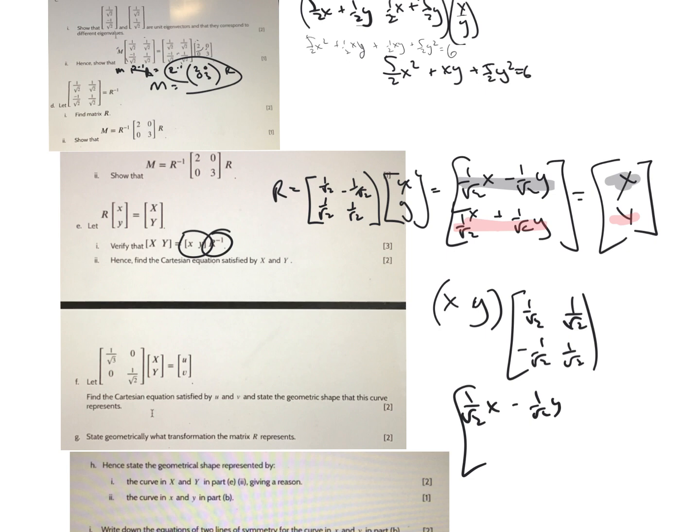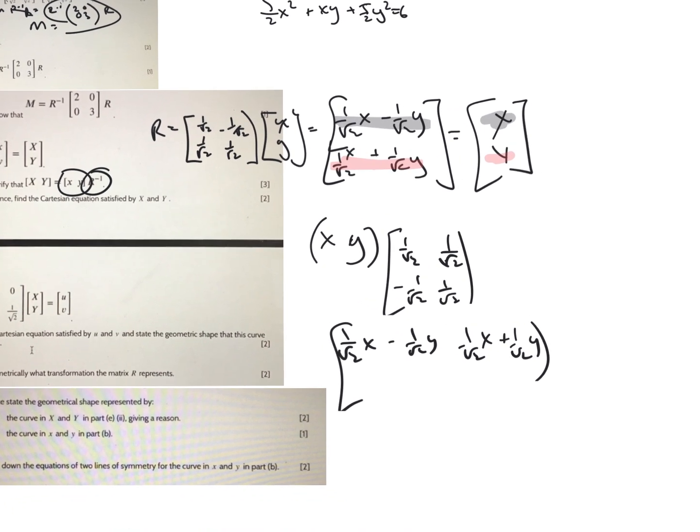And I get 1 over root 2x plus 1 over root 2y. And that, I'm told, is equal to x, y. Well, I can see that y is the same as this y, and x is this, which is the same as this x.